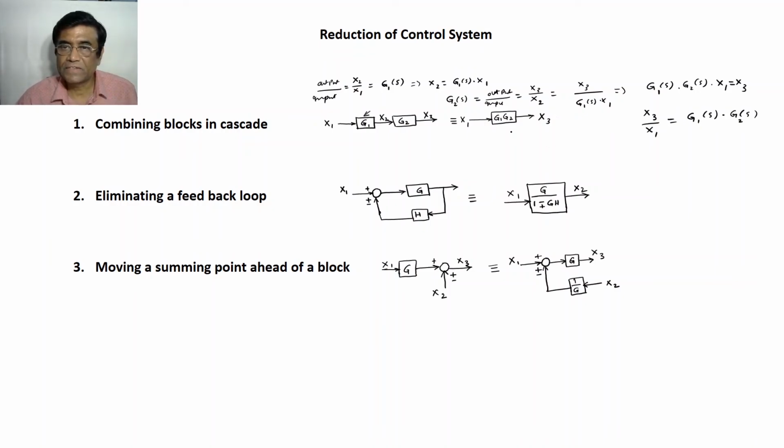If I consider input as X1, and I want to replace many such transfer functions, then they will be cascaded, they will be multiplied. Is it clear? Very simple, right? So in the resultant block, X1 is input, G1, G2. Similarly, you can extend it, and to avoid symbolic complexity I am just omitting s.